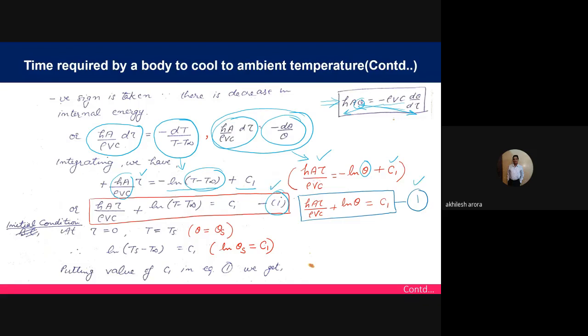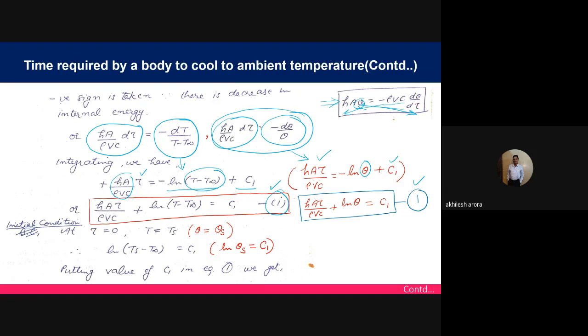Okay. So basically now there is only one constant in this particular equation. See, in all the earlier cases, we were getting two constants, c1 and c2, wherever we did the calculation or derived the expressions. But in this particular case, we only have one constant.